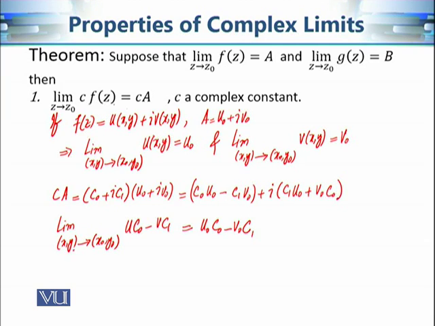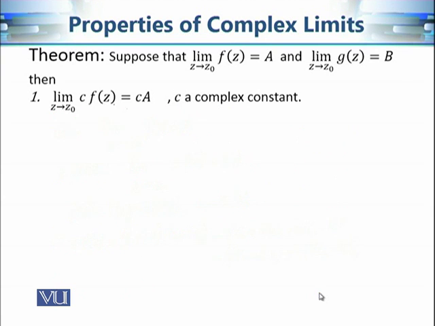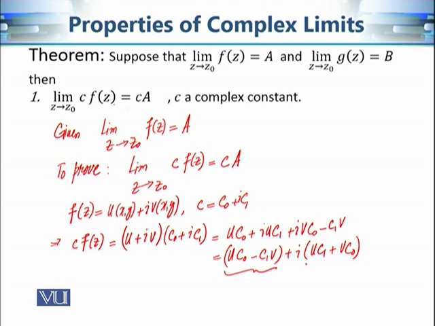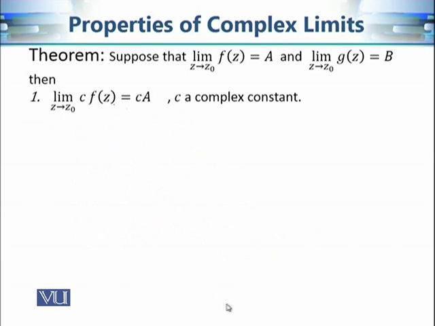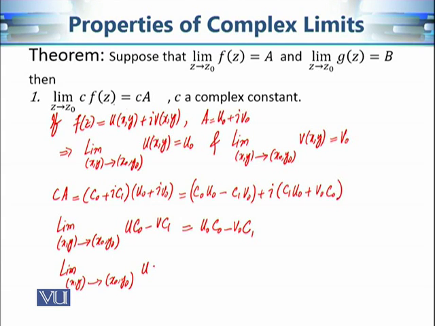And similarly, on the same lines, we can calculate the limit of the imaginary part of the function c f of z. So the limit as xy approaches x naught y naught of the imaginary part. Let's go back and see what the imaginary part is. The imaginary part is u c1 plus v c naught. So this becomes the limit of u c1 plus v c naught.